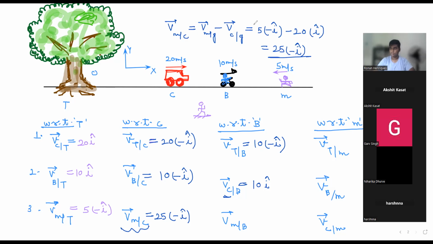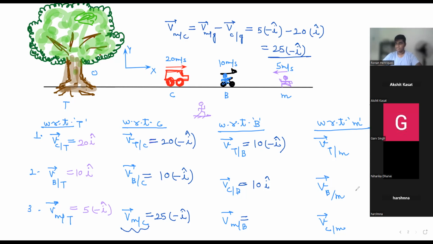Sir, 10 I cap. फिर VMB. निहारिका ध्रुवे, तुम्हारी आवाज नहीं आ रही है, जल्दी से टाइप करो अपना आंसर. So 5 I cap. Good. Very good बेटा.